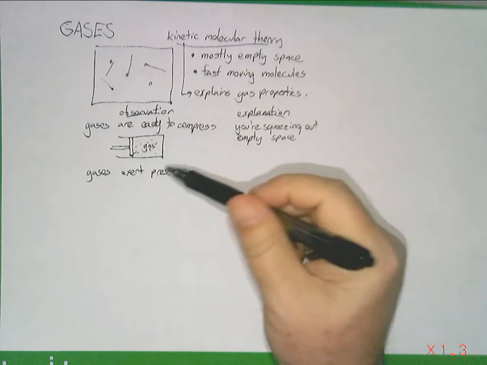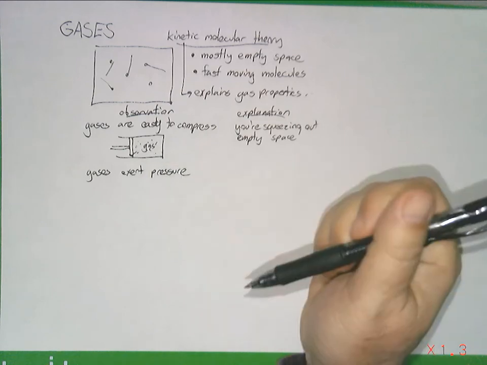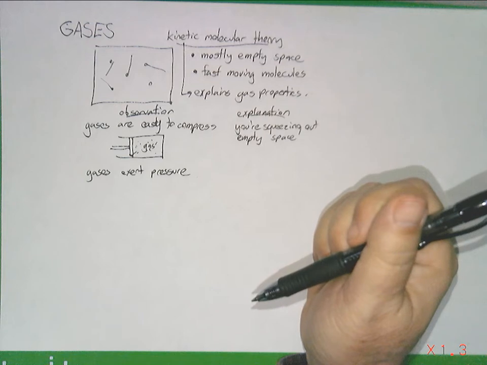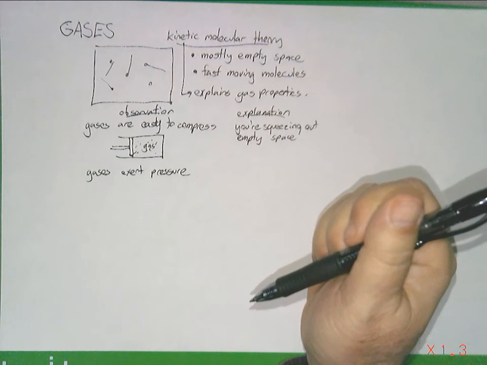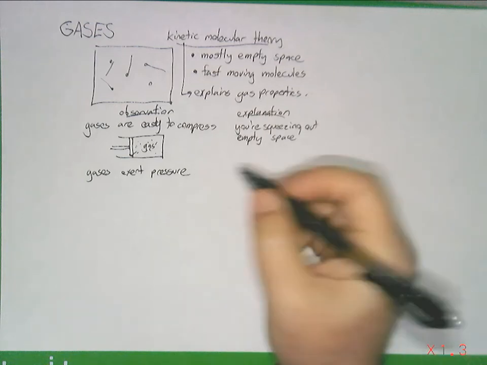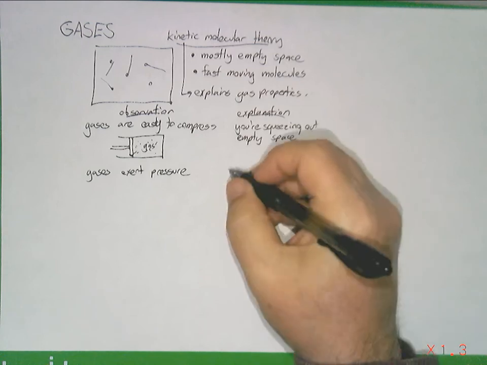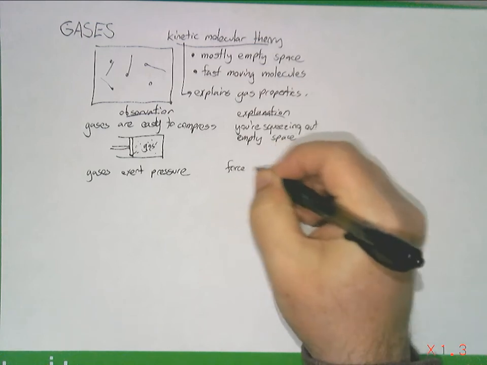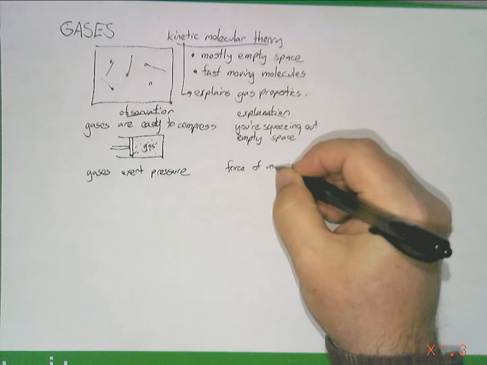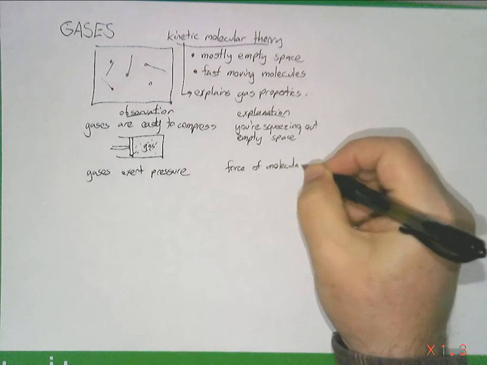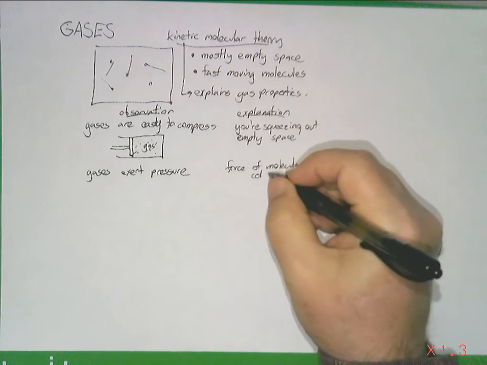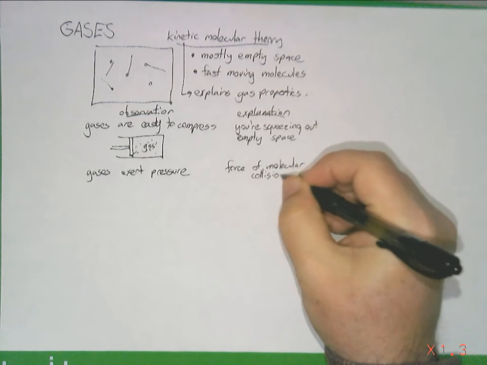So as you pushed it in, the gas molecules colliding with the piston would be pushing back, and you'd feel some resistance there. So gases exert pressure because of the force of molecular collisions. That's the explanation for gas pressure.